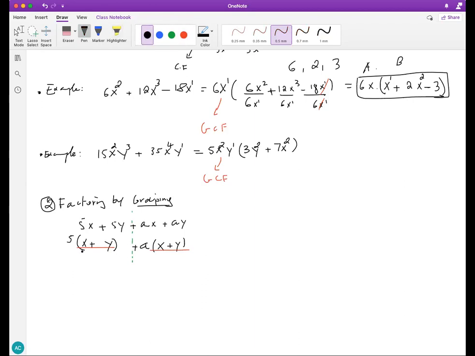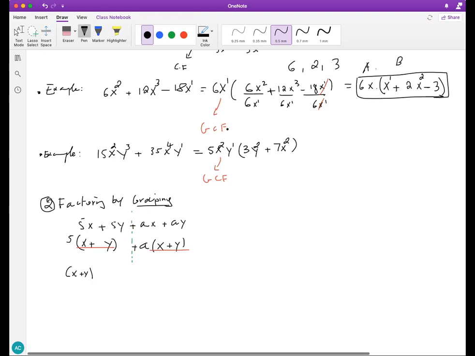So again, once you find the GCF or the common factor, what do you do with it? Always move it to the front, right? So we're going to move this to the front, x plus y. What comes right after the GCF? Right after the common factor, we open the parentheses, right?